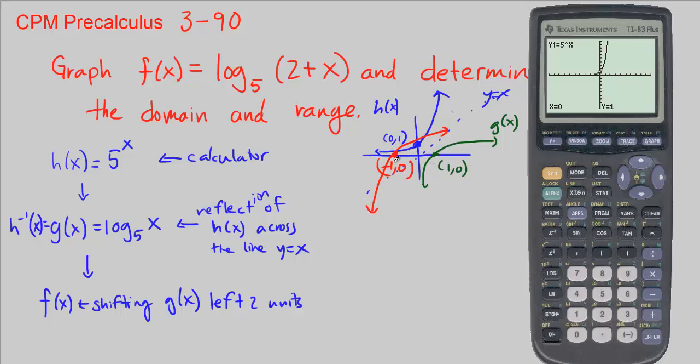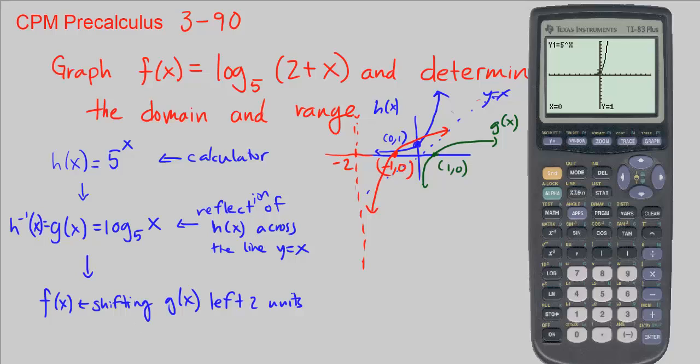So the invisible line that f of x doesn't cross is not at the y-axis, but 2 units to the left. So it's not at 0, but at negative 2. So over here at x equals negative 2, we have a vertical asymptote. There is the sketch in red of f of x.